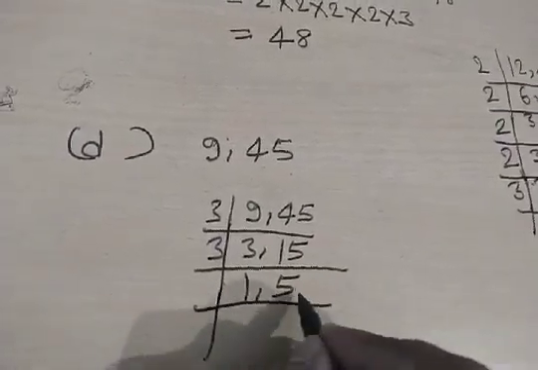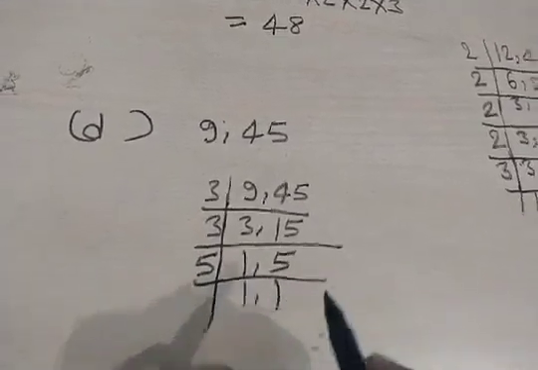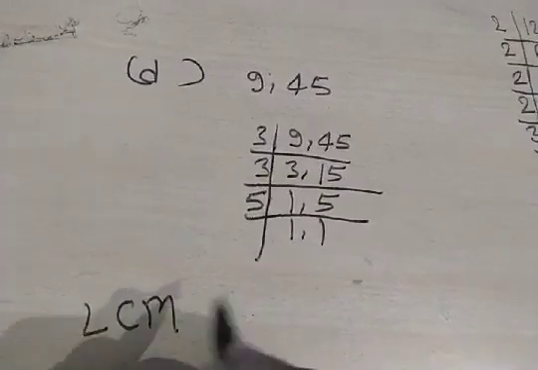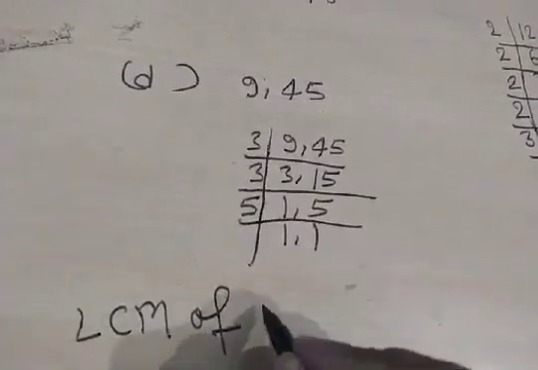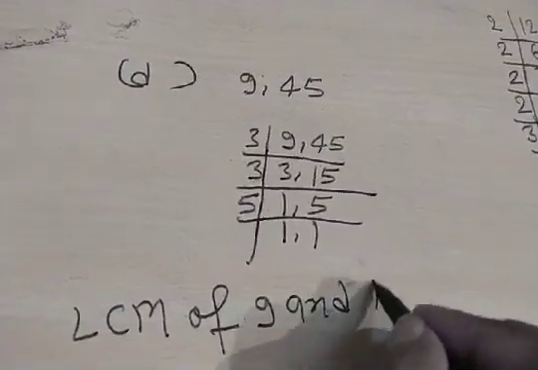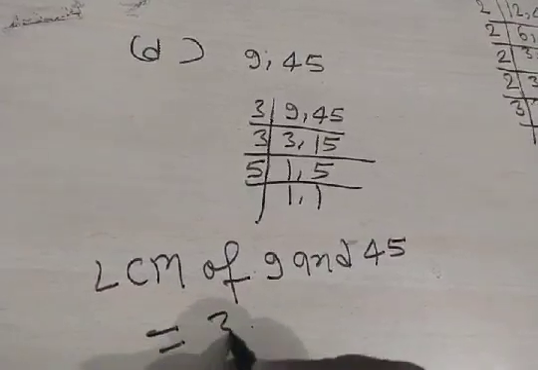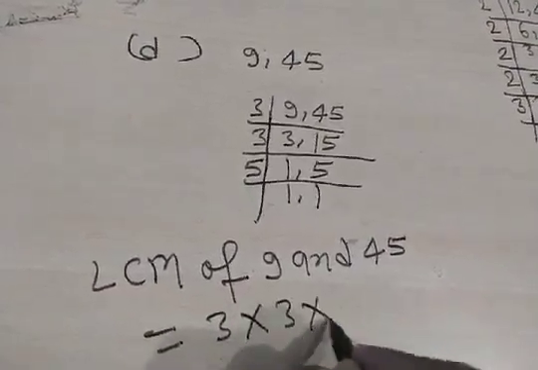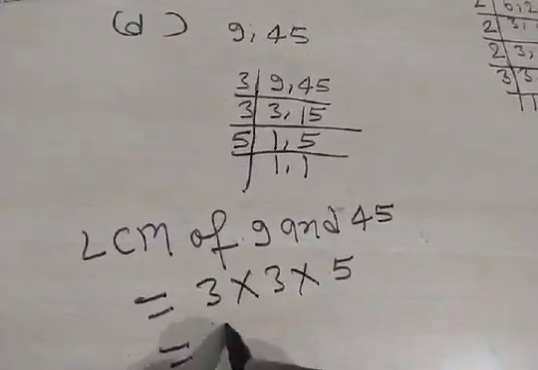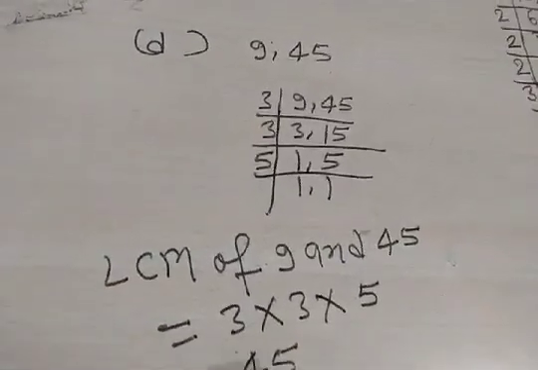Now we take 5, 1 into 1. So you can write here the LCM of 9 and 45 is equal to 3 into 3 into 5, which is equal to 45.